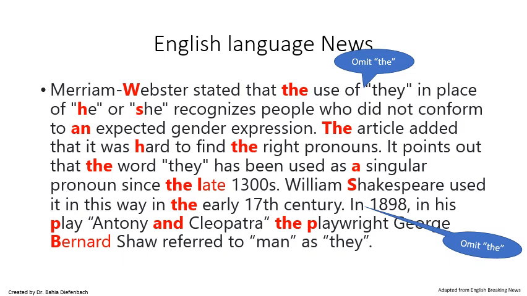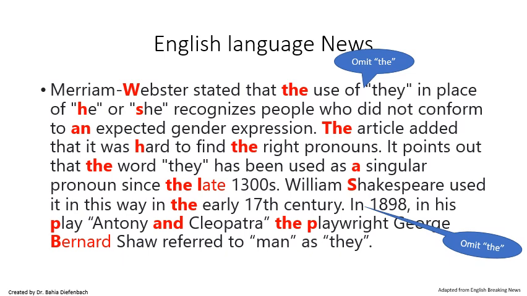It points out that the word they has been used as a singular pronoun since the late 1300s, because here we have a specific time, so we need the, because it is specific. William Shakespeare, capital S, used it in this way in the early 17th century.